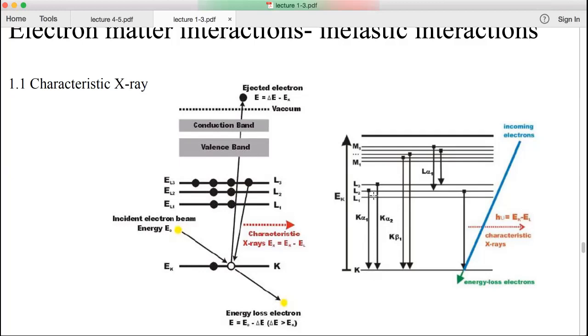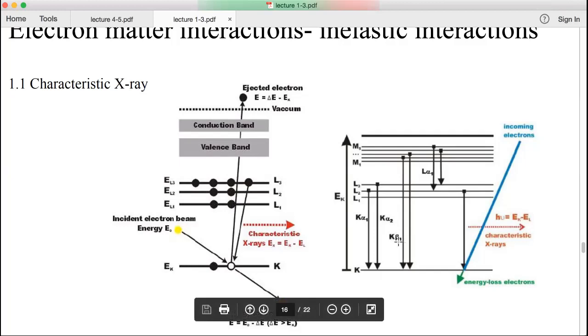The next one is 2, so we represent K alpha 2. K is where the vacancy is, alpha is saying that this electron is in the next immediate electron shell, and 2 is the level in the immediate shell, whether it's the lowest or the highest or in between. Just by looking at the number, you can say that.